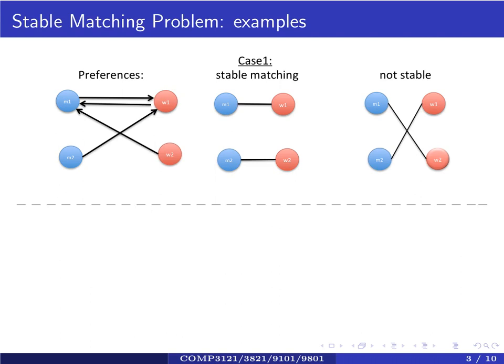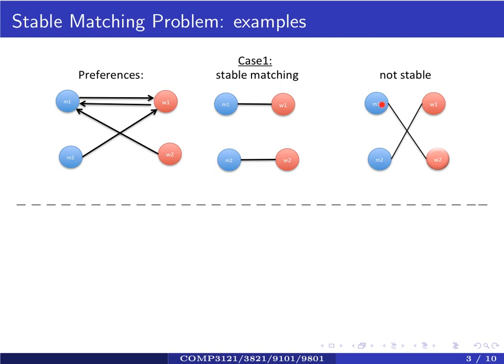One can easily verify that this produces a stable matching when M1 is paired with W1 and M2 is paired with W2. Why is this so? Well, man M2 prefers W2 to the woman he is matched with, but that woman doesn't prefer him to the man she is matched with. She prefers the man she is matched with.